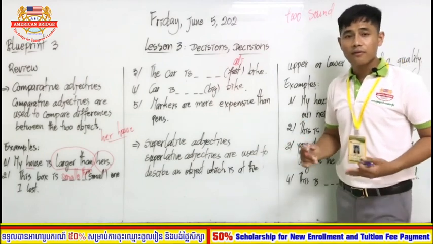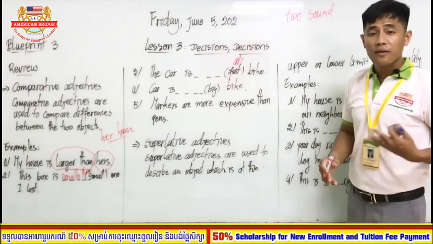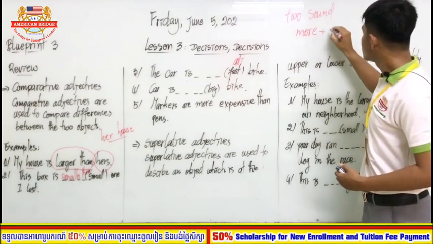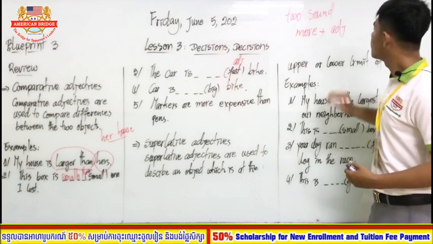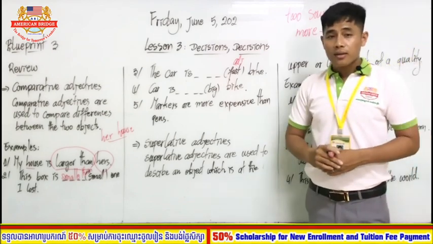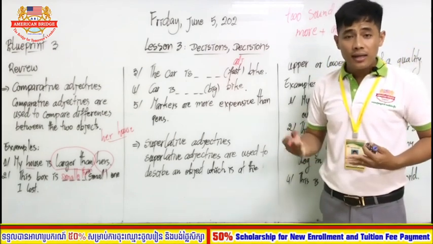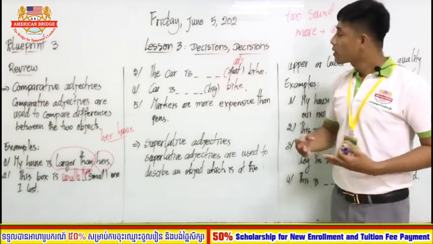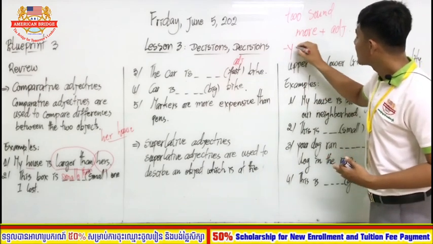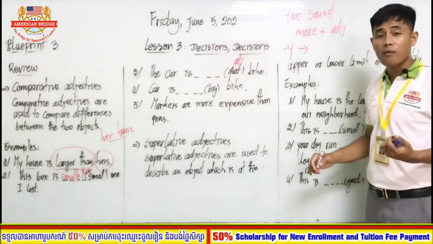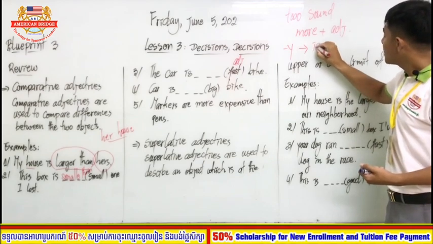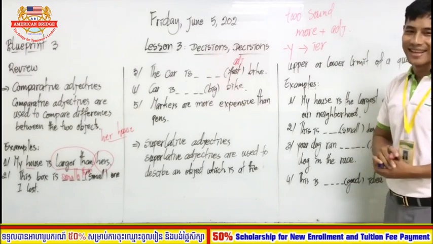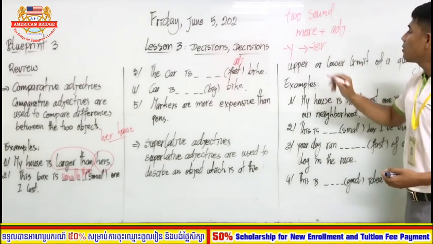For two sounds we have to add more before the adjective, more plus adjective. How about adjectives that end in y? For those adjectives ending in y, we have to change y to ier.